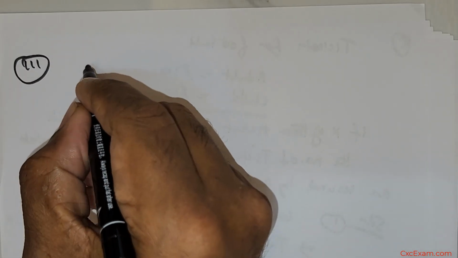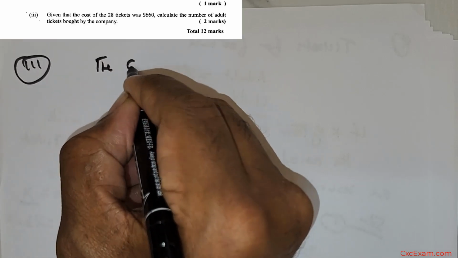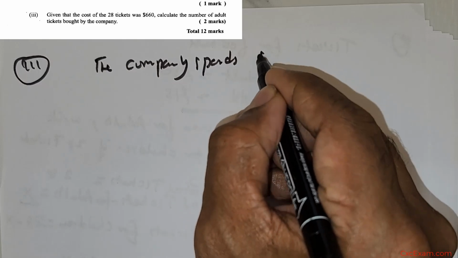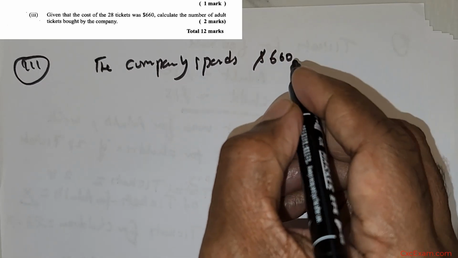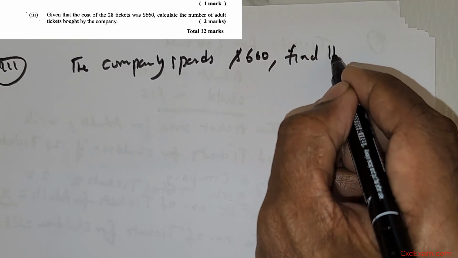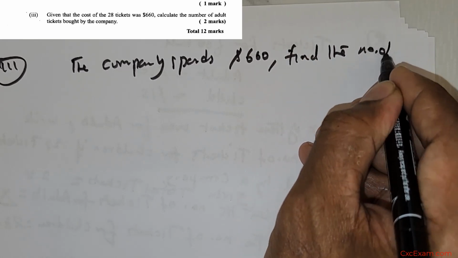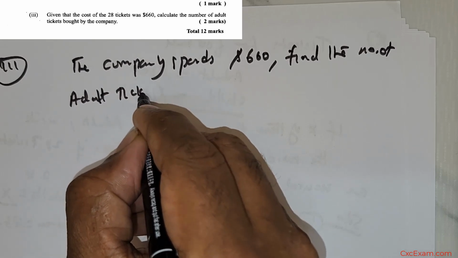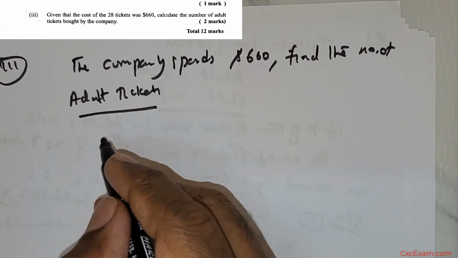Now this is the final part. They are saying the company spends $660 on tickets. Now we are asked to find the number of adult tickets. Okay, this is required.